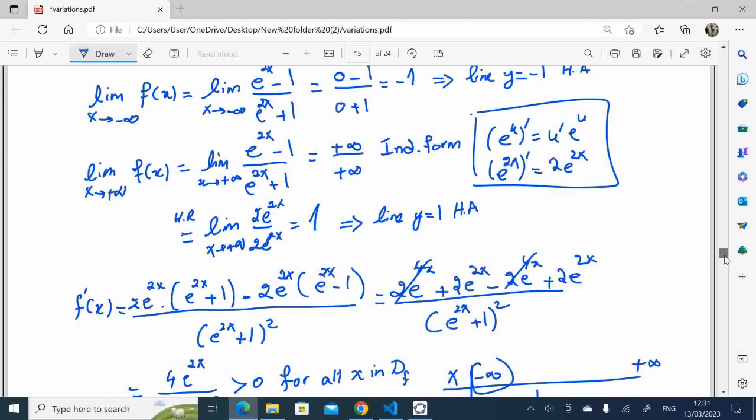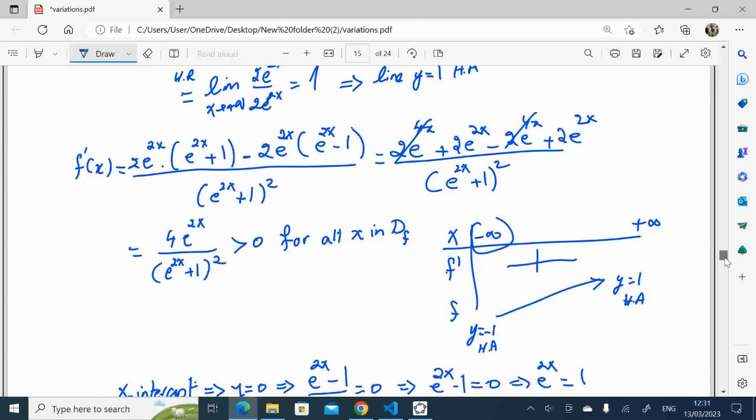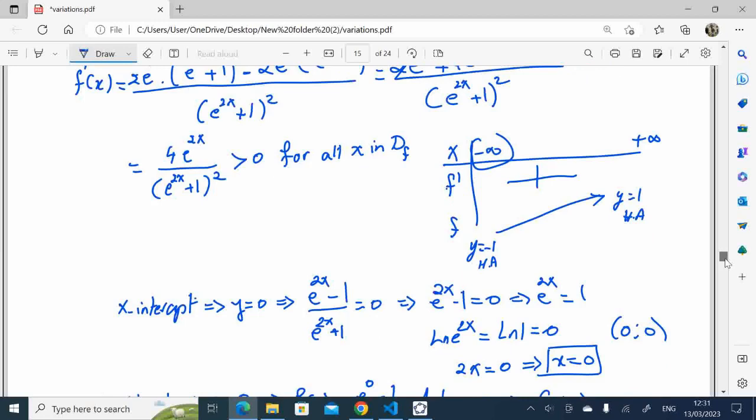So in order to draw the graph of this function, as a first step we should draw the asymptotes. If I try to draw the graph here, this is x, this is y. We have y equals 1 as a horizontal asymptote, and y equals minus 1 as another horizontal asymptote. A particular point is at 0.